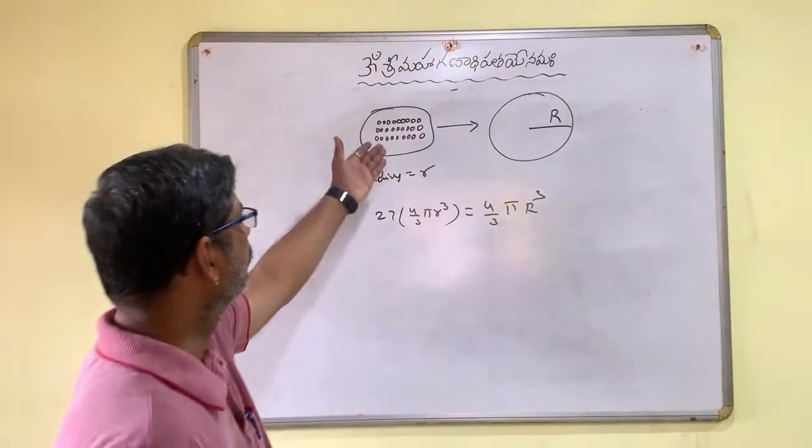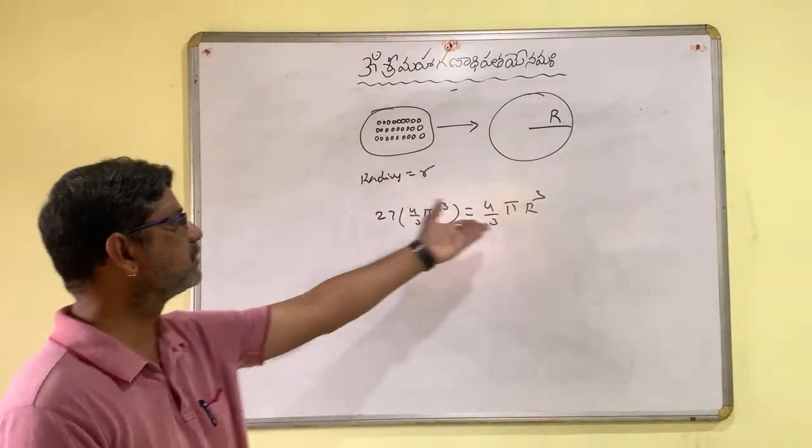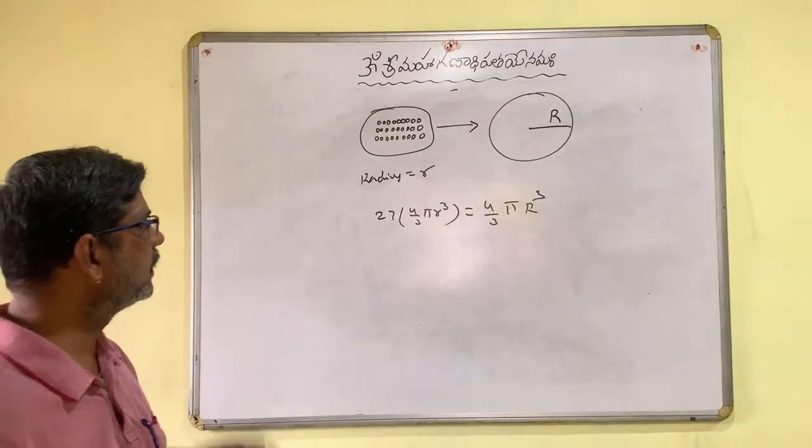In the same way, 27 spheres' volume is the same as volume of the big sphere. You have to understand it.